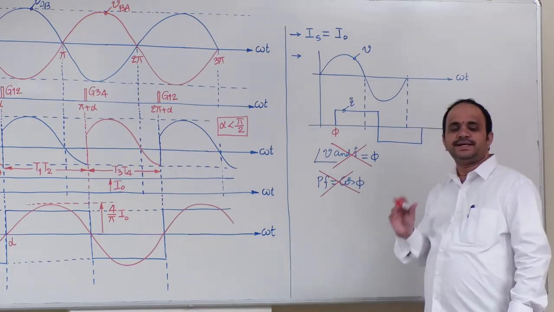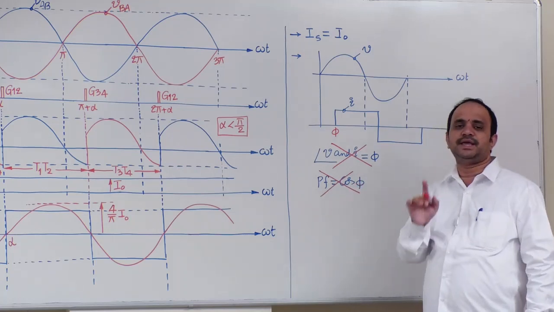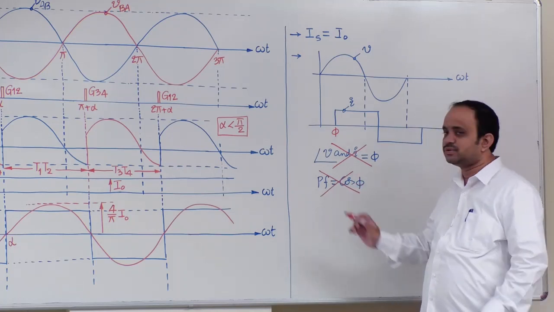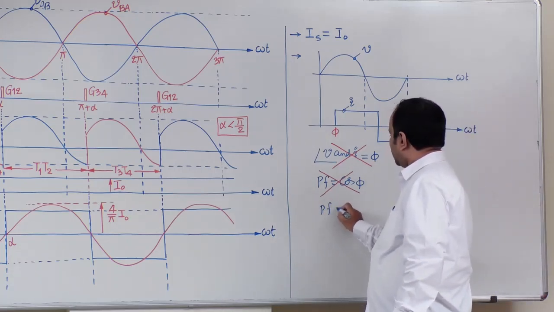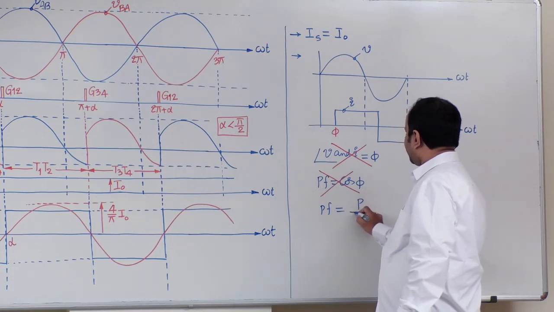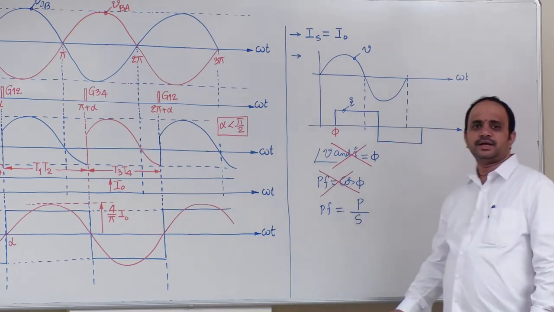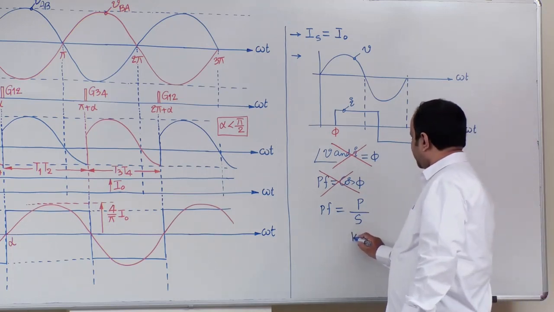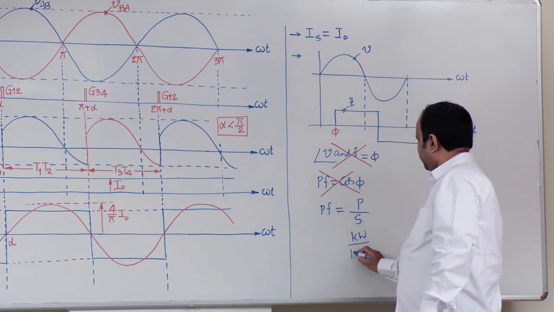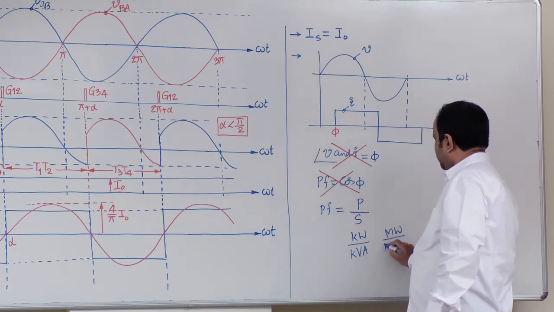But whether harmonics are present or not, power factor is equal to the basic definition, active power by apparent power, or you can also write kW by kVA or MW by MVA.